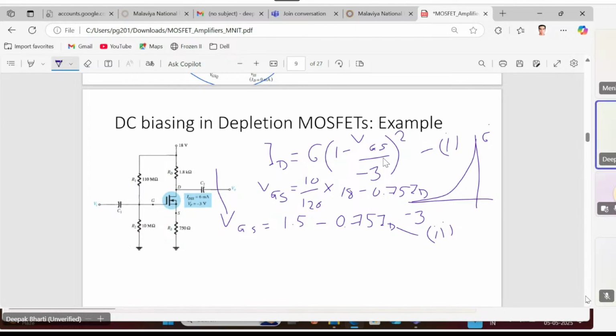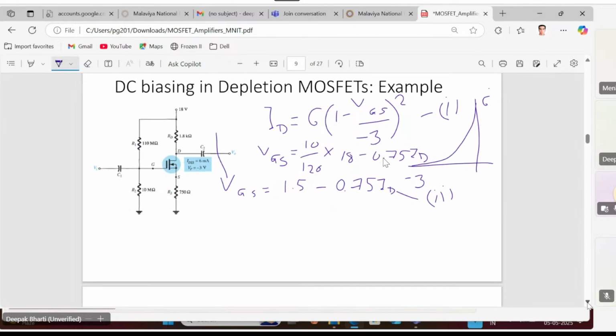So I'm writing this: ID is equal to 6 times 1 minus VGS, and VGS is 1.5 minus 0.75 ID, divided by minus 3, then whole square.